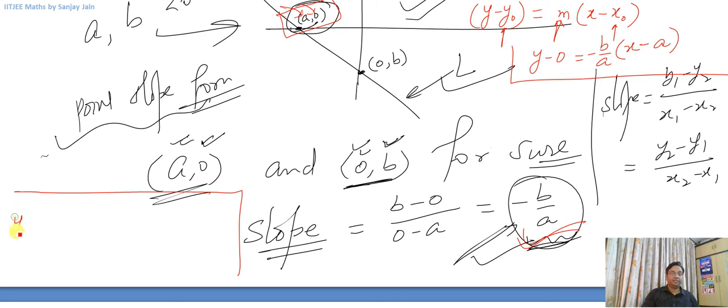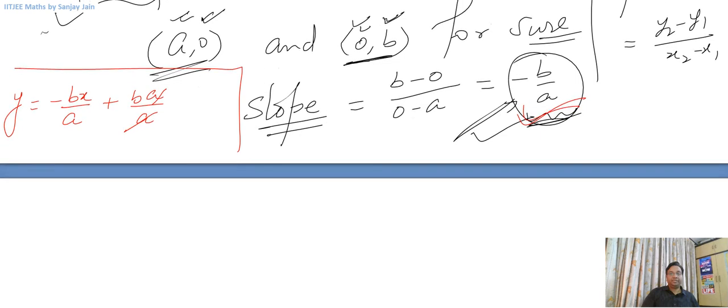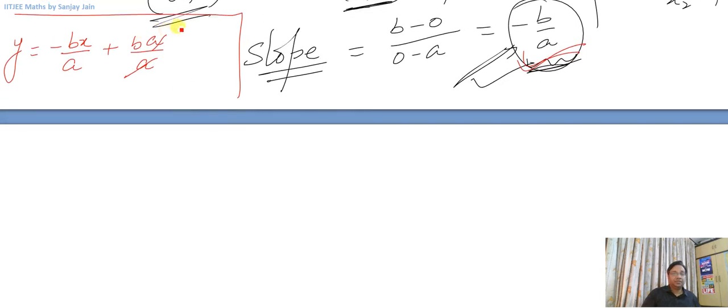So on the left hand side I have got y, and on the right hand side I'll have minus bx divided by a plus ba divided by a. So a will get cancelled, and now let me go on to the next page. All right, see, now if I multiply both sides by a, it will be ay equals minus bx plus ba.